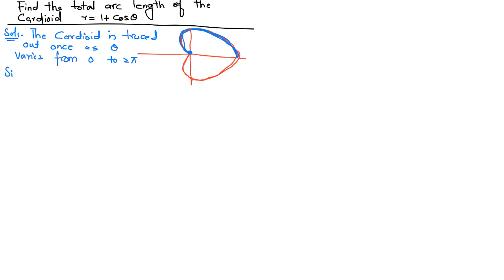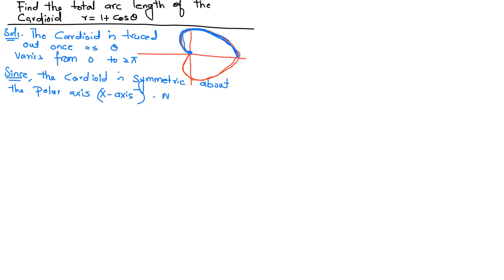But since the cardioid is symmetric about the polar axis, which is x-axis or y-axis, anybody can tell me? It is symmetric along x-axis or y-axis? X-axis, very good. So it is symmetric along x-axis.